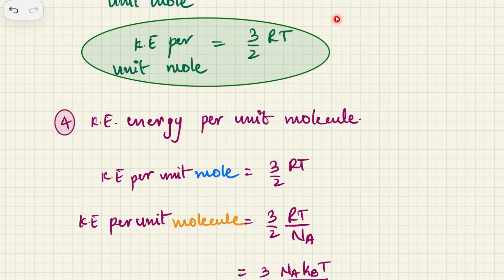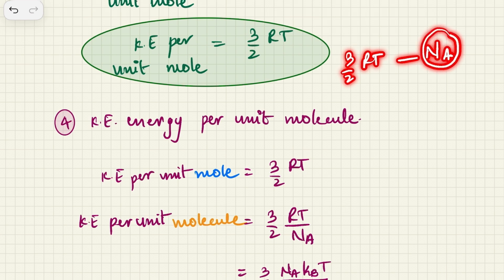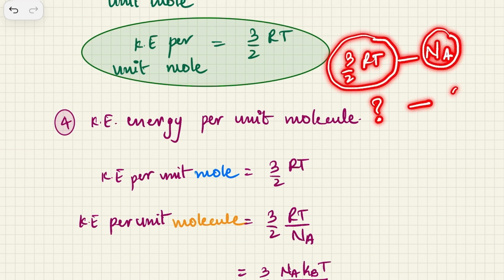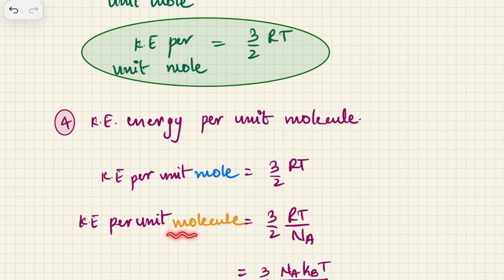So if 1 mole consists of 6.022 into 10 raised to 23 molecules, then I'll just have to divide this equation by Avogadro's number, because 3 by 2 RT is for Na molecules. Na means Avogadro's number of molecules. So for this many molecules, this much is the kinetic energy. What is the kinetic energy for 1 molecule? Just cross multiply and you get that the kinetic energy per molecule would be 3 by 2 RT upon Na.